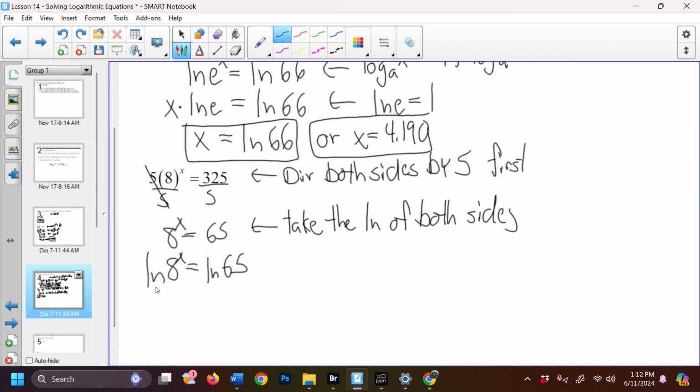Because the base of this logarithm is e, this ln and this 8 does not cancel out. So I still have to use that property of logarithms. Log base a of x to the n is equal to n times log base a of x.